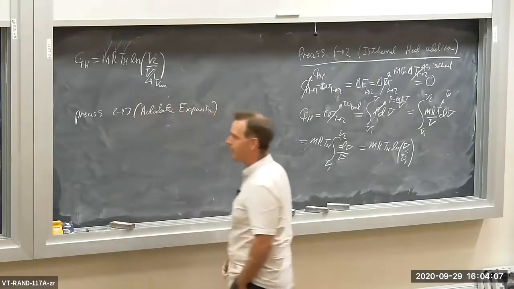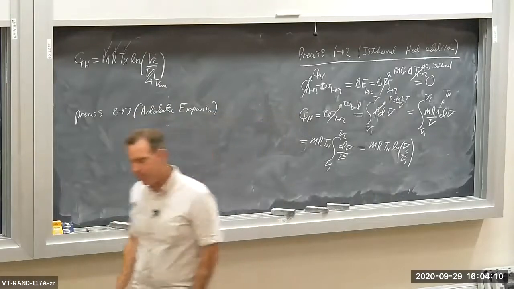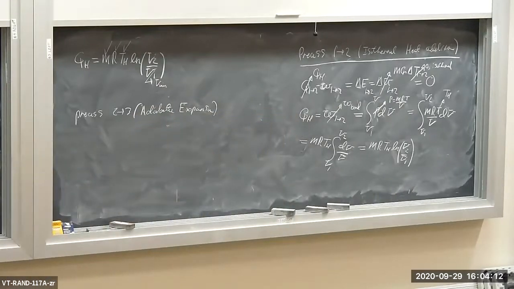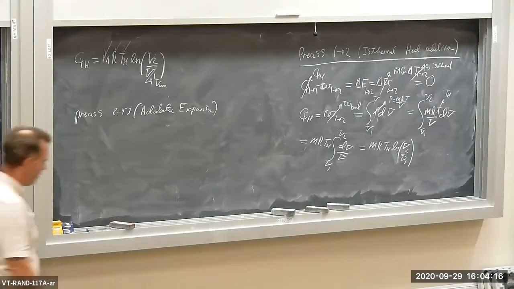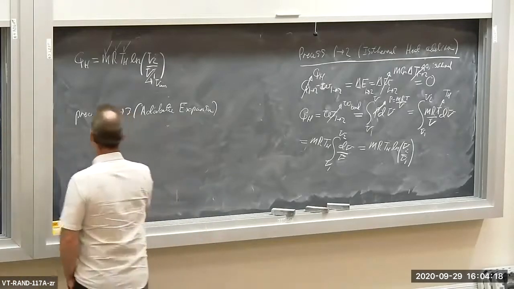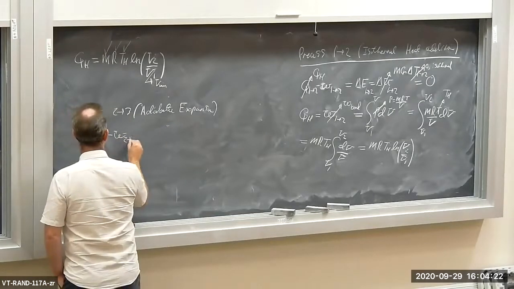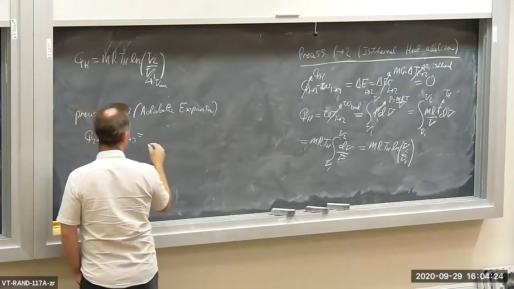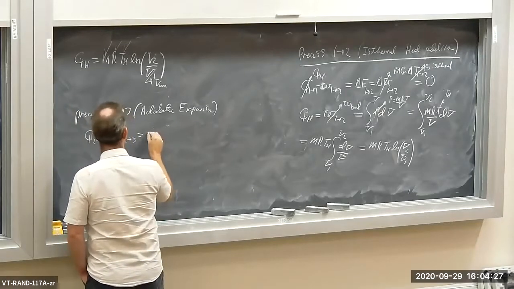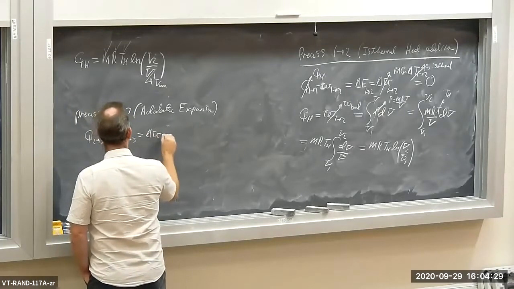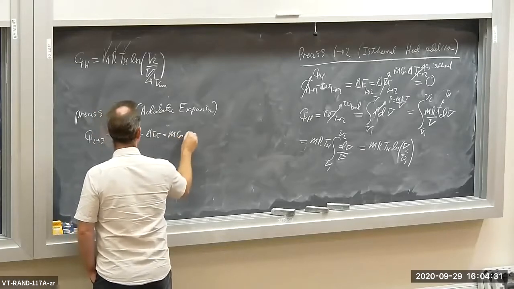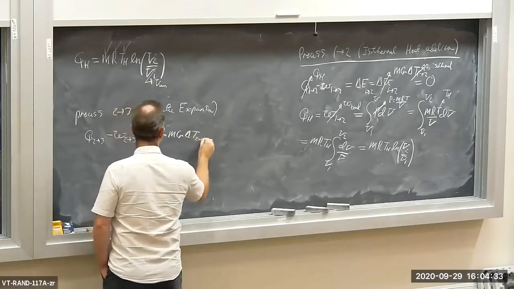That's adiabatic expansion. That's process 2 to 3. Well, let's write the energy balance down. Q 2 to 3 minus W 2 to 3 is equal to delta U, which is equal to mCV delta T from 2 to 3.